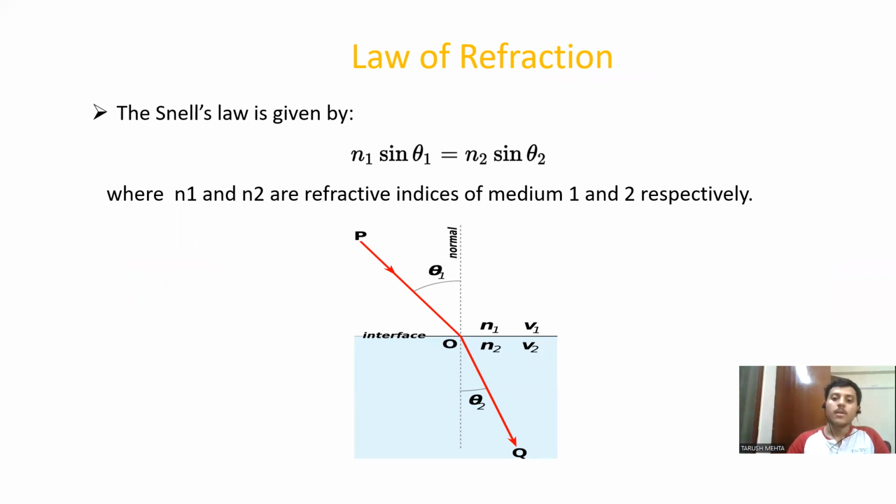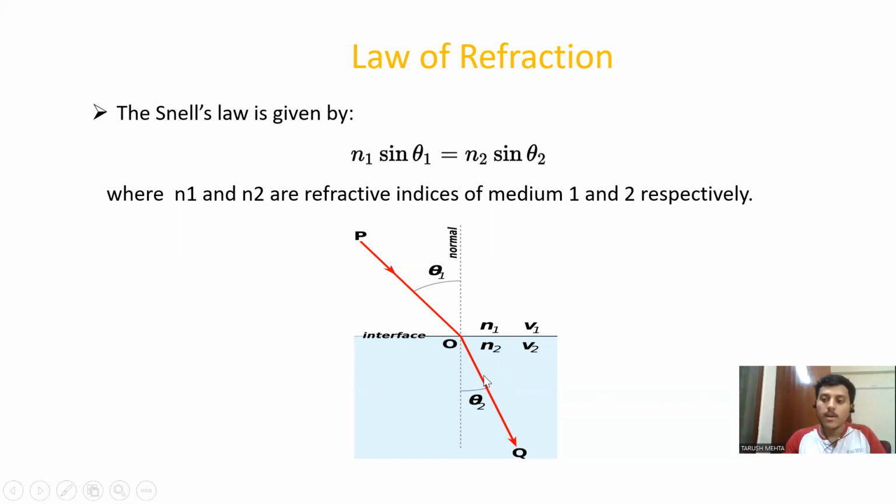Now, if the reverse happens, suppose the light is incident from water into air. Water has a higher refractive index and air has a lower refractive index, so water is called the denser medium and air is called the rarer medium. Whenever light enters from water to air, the light ray is observed to bend away from the normal, just opposite to what happens when it enters from air to water.